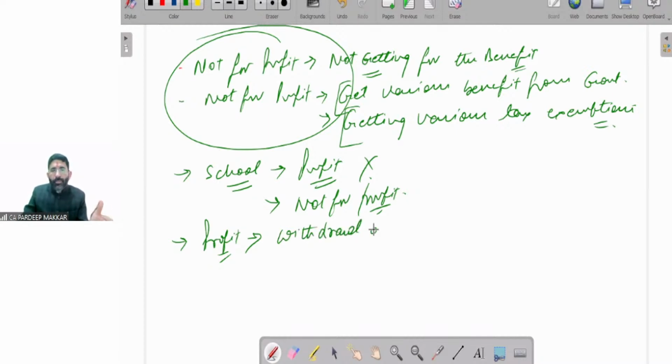Withdrawal of profit is not allowed, as we know that in every organization whatever earning is made goes to the owners, but here that is not allowed. Main point is that if your organization is a not for profit organization, you are not allowed to withdraw the profit. Instead, that will be used only for the benefit of the organization, nothing else.